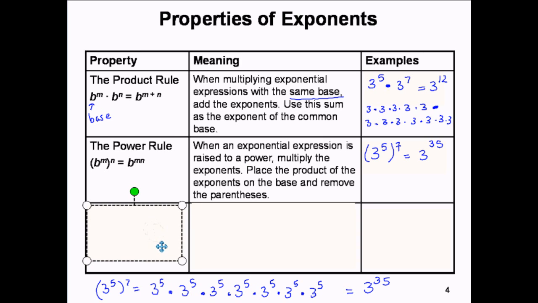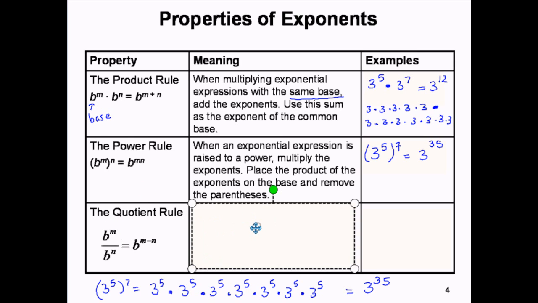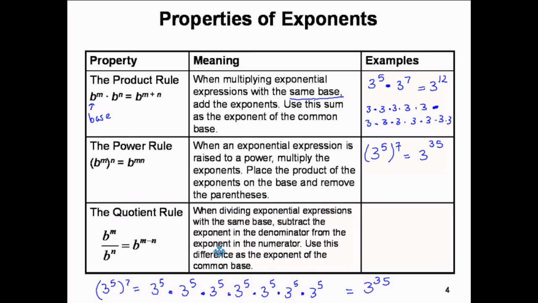And then the opposite of multiplication is division. And the opposite of addition is subtraction. So if we add exponents when we multiply, we subtract exponents when we divide. Again, same base, very important.